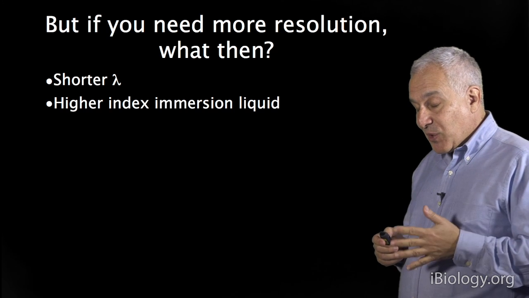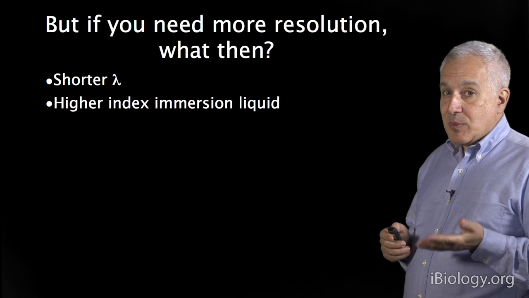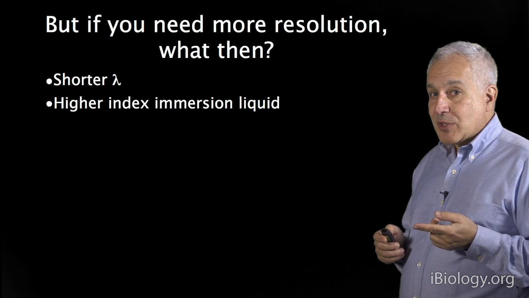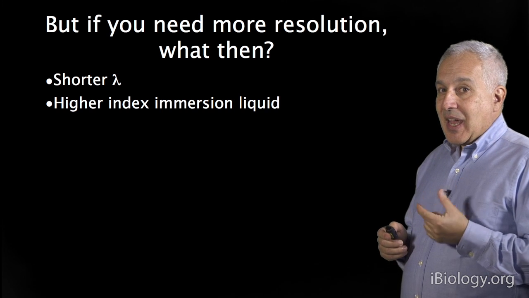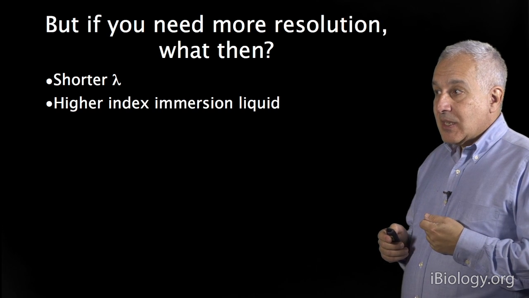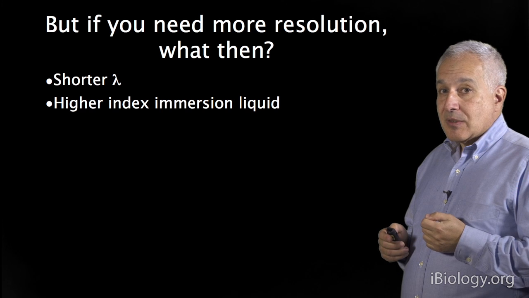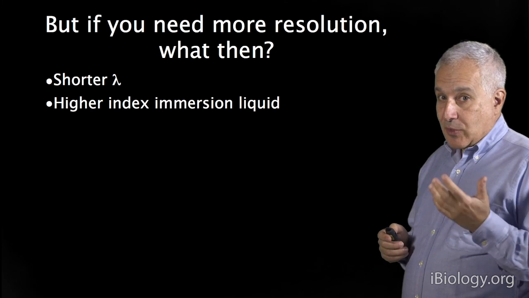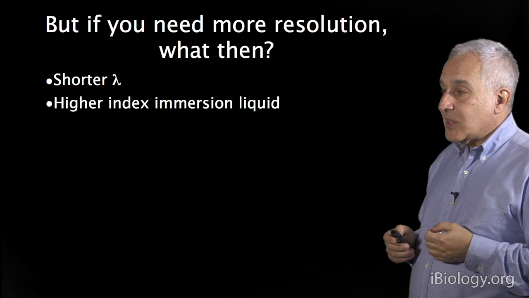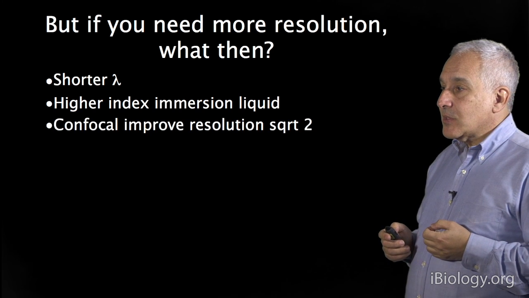If you're doing it in glycerin, you can go to oil. Each of those increases the numerical aperture, because the numerical aperture is n, the index of refraction, times the sine of the half angle of acceptance. So higher index immersion fluid will give you better resolution. Of course, you've got to use an objective that takes those different immersion fluids.